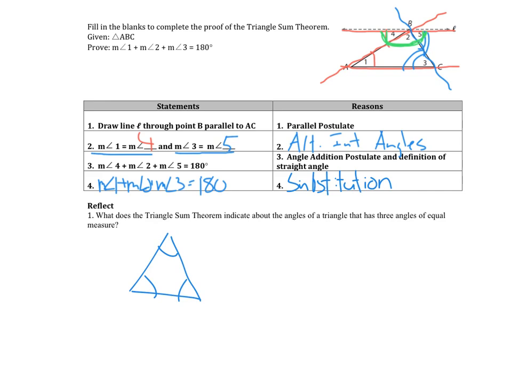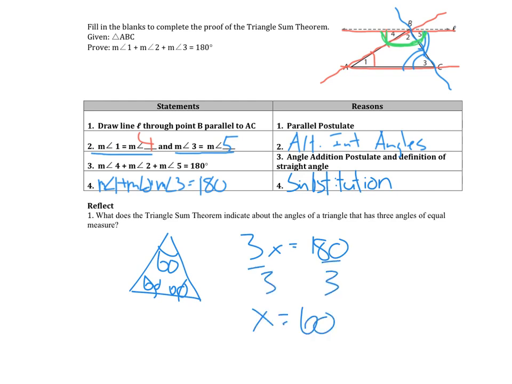So if all 3 of them are congruent, what can we say about each individual angle? These should be all 60 degrees, right? If we have 3 angles, call them x, and they all have to add up to 180, 3x equals 180, divided by 3, and x equals 60.